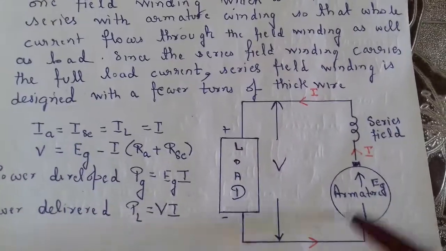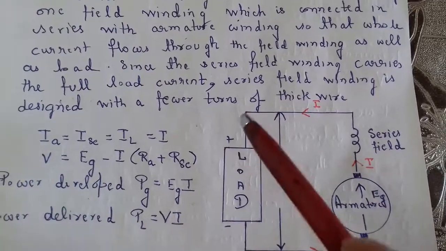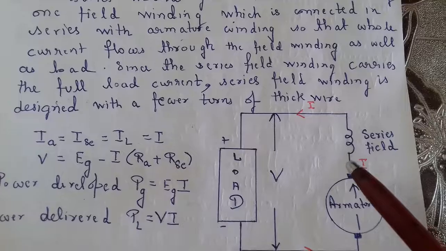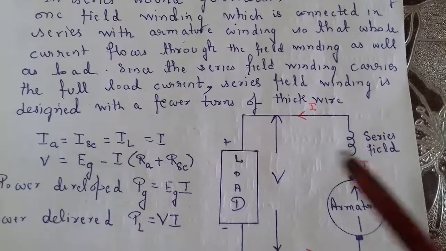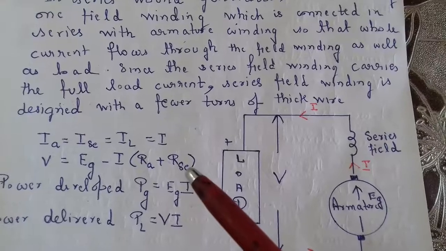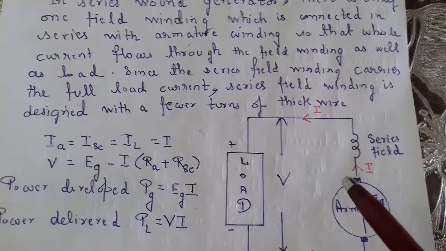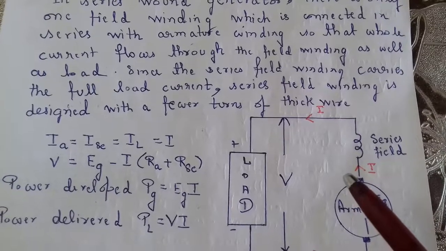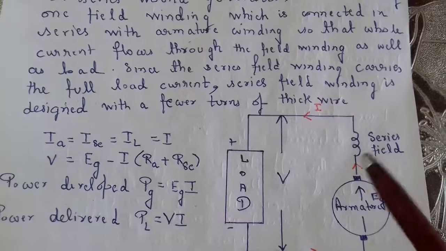Now when we apply Kirchhoff's voltage law in this circuit, as we move in the clockwise direction, first comes the series field winding. Let its resistance be R series. We are moving opposite to the voltage drop, so it will be plus I into R series.